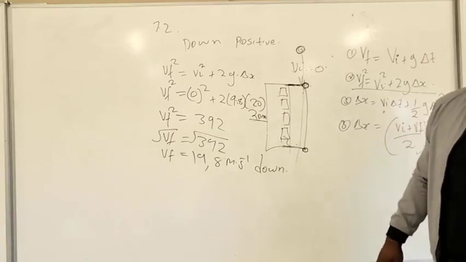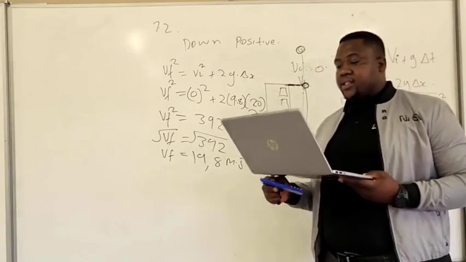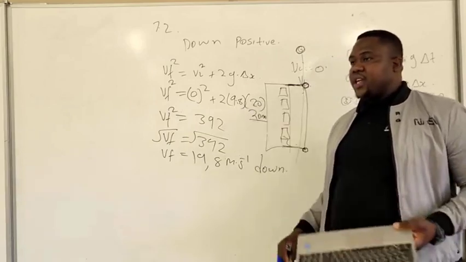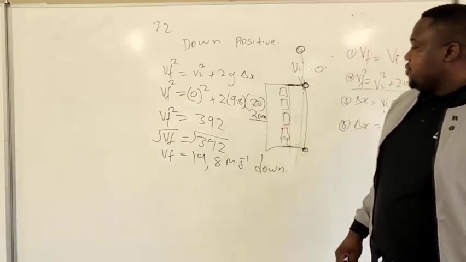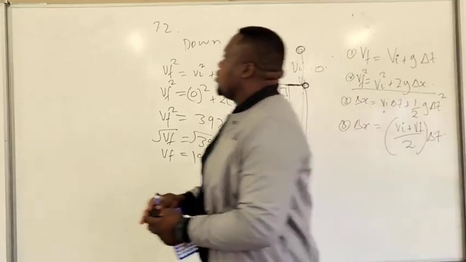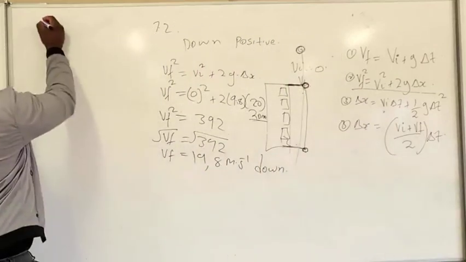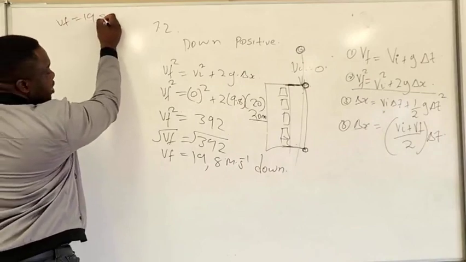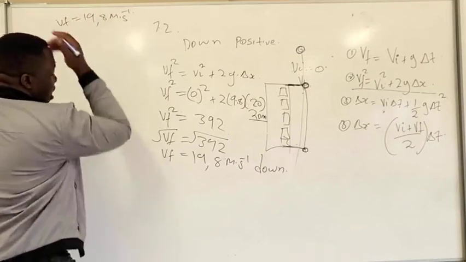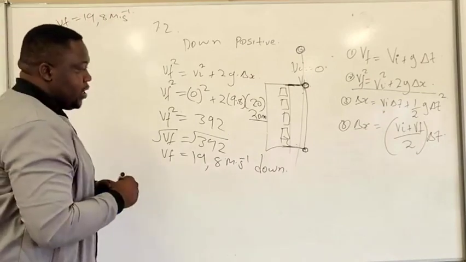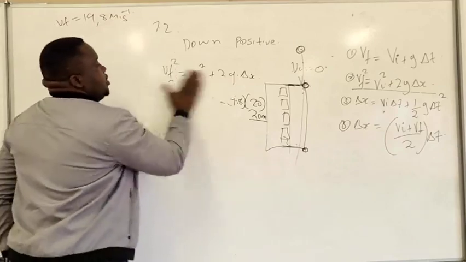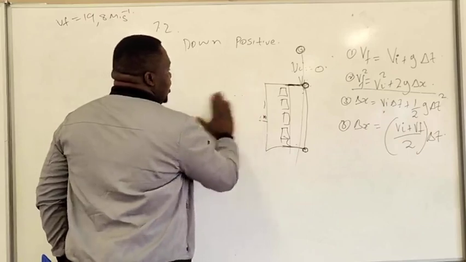It says calculate the time it takes for the ball to reach the ground. Let me write this answer here so that I can use it if I want. Okay, calculate the time it takes for the ball to reach the ground. So let's see how we calculate that one.